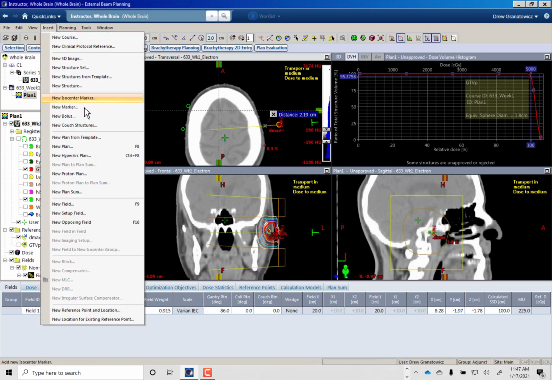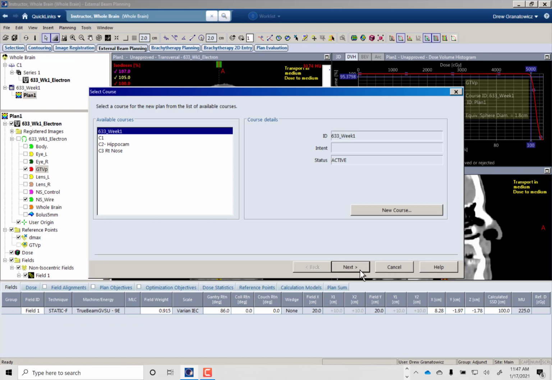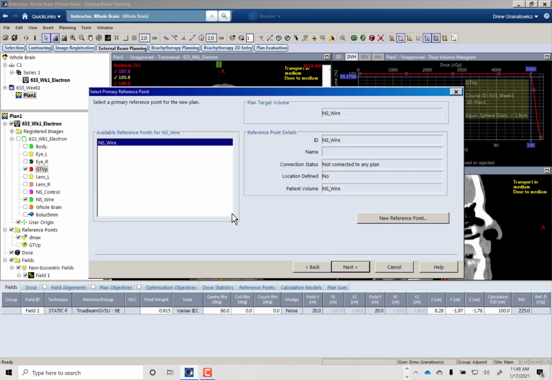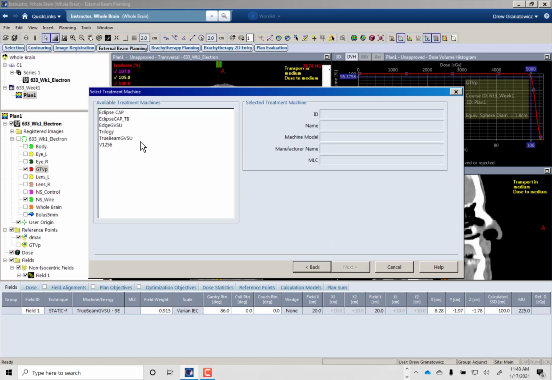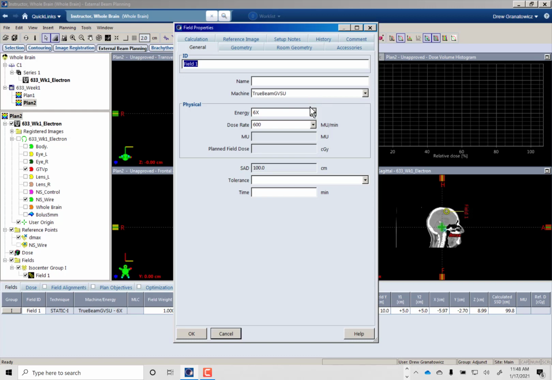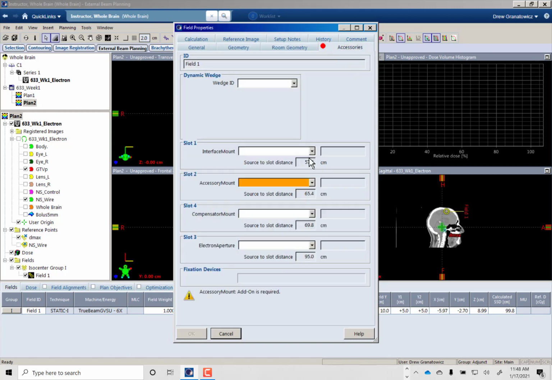So I'll set this up real quick for you, just to show you. Choose the wire this time. We'll do 6E because we're just trying to treat the skin.